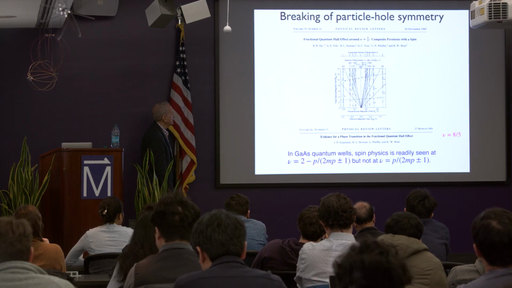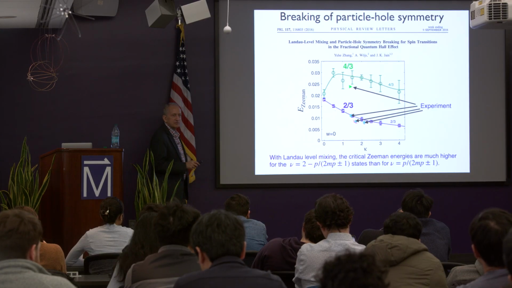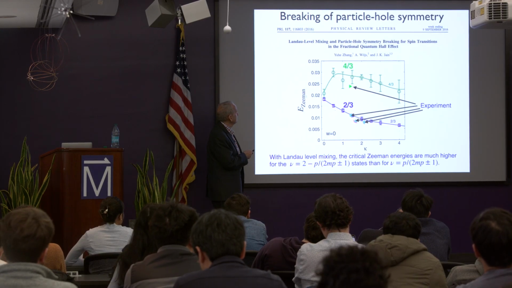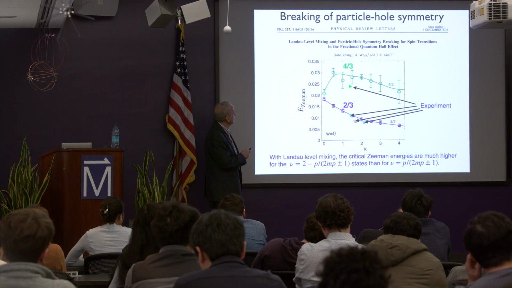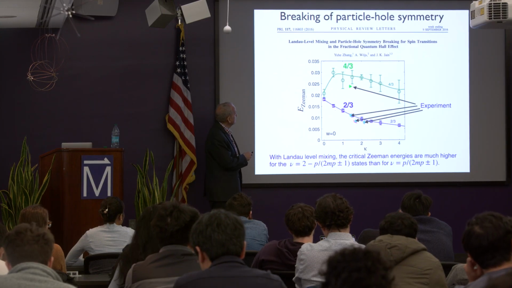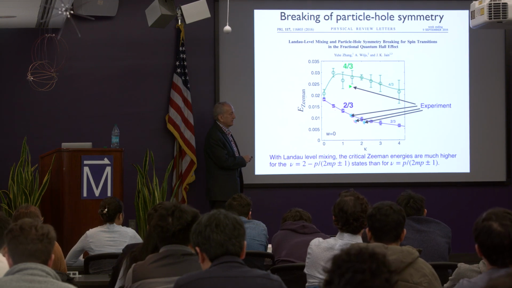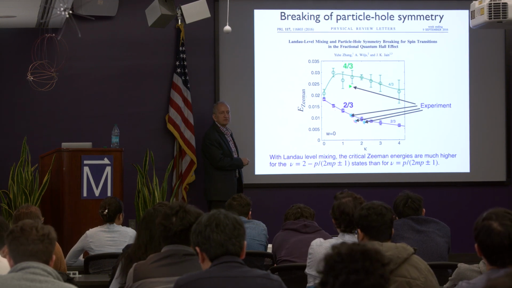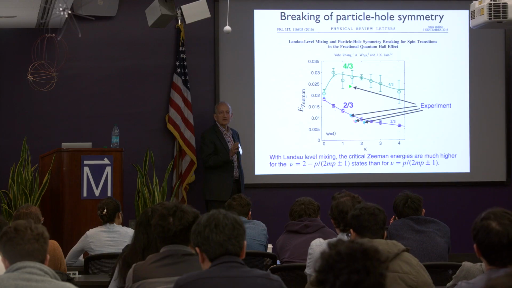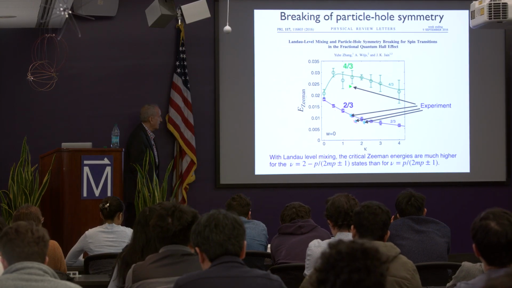So let's see if we can understand that. This calculation is a bit time consuming, so we just looked at 2/3 versus 4/3. And indeed, we find that at 4/3, the critical Zeeman energy goes up, and at 2/3, it goes down. So that's why the spin physics is harder to see in the vicinity of 1/2.